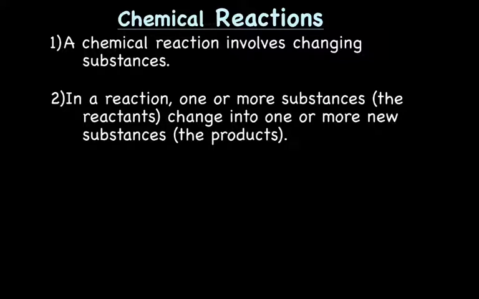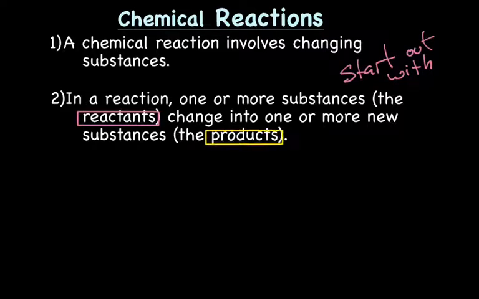The reactants are the things you start out with, and the products are the things that you end up with, the thing or things that you make. In a chemical reaction, you start out with reactants, and these change into your products, which are different than your reactants.